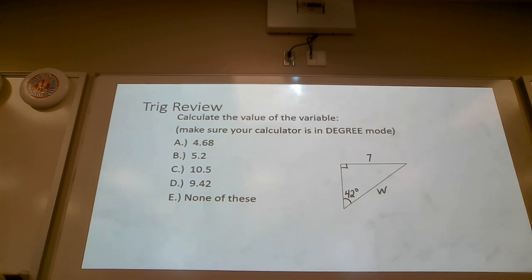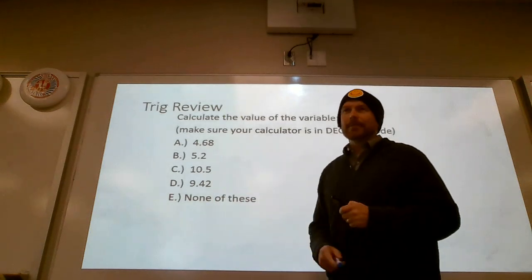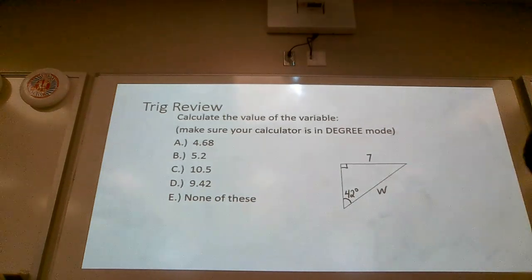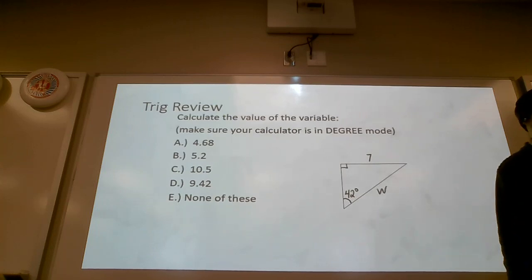Okay, here's some safety net type quality control things. Is it possible for it to be A or B? Why not? Your hypotenuse has to be the longest side. Catch that?